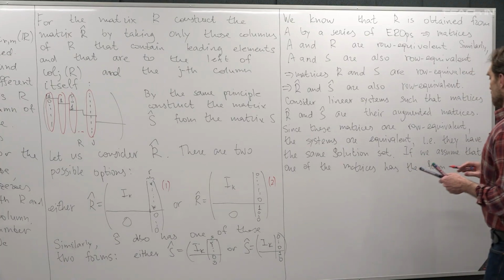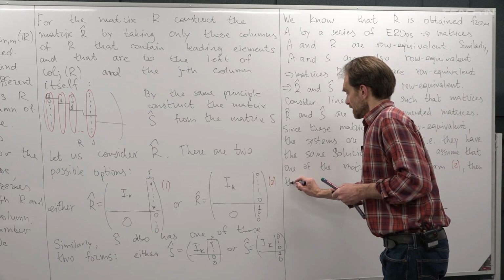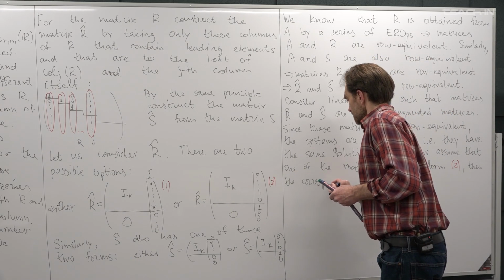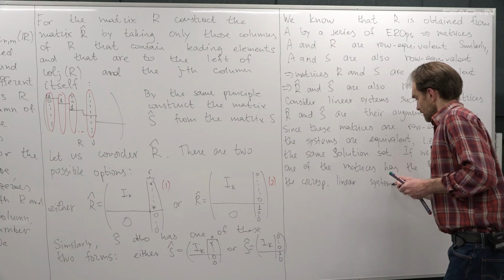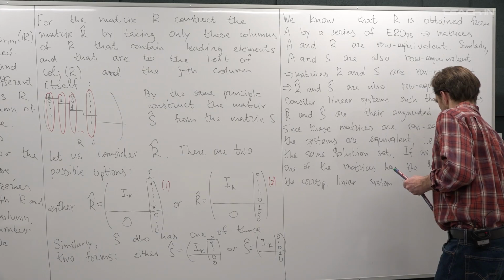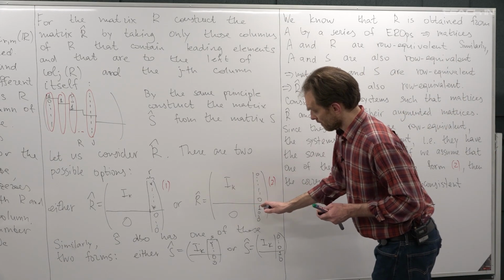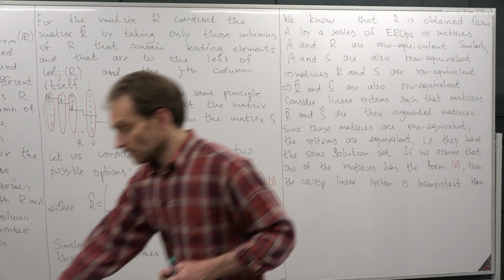So if we assume that one of the matrices has the form 2, then the corresponding linear system is inconsistent, because the last equation has the form 0 equals 1. So, since these two systems are equivalent, the other system should also be inconsistent.